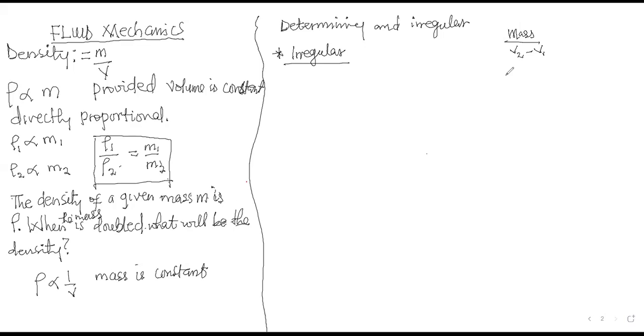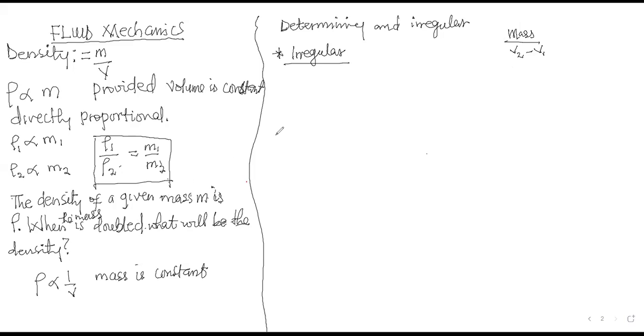As for regular objects, you still weigh to get the mass using an electronic balance. Then you measure the length, breadth and height. This product gives you the volume, and then you divide.